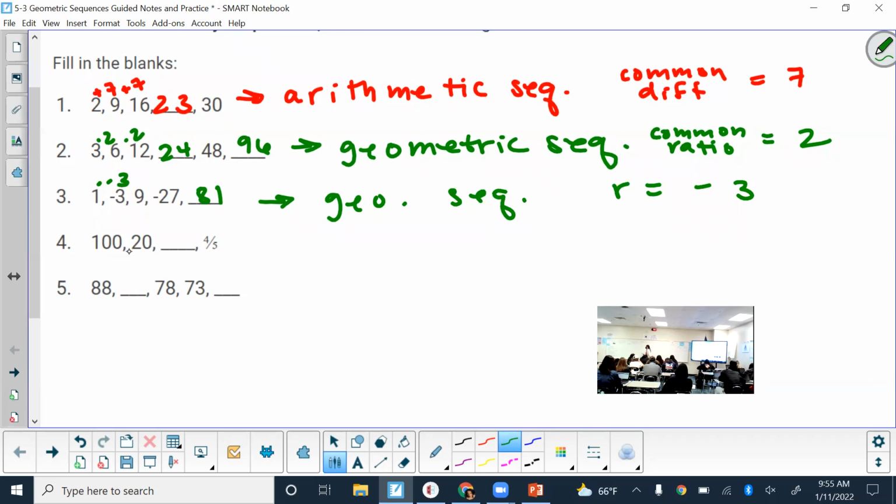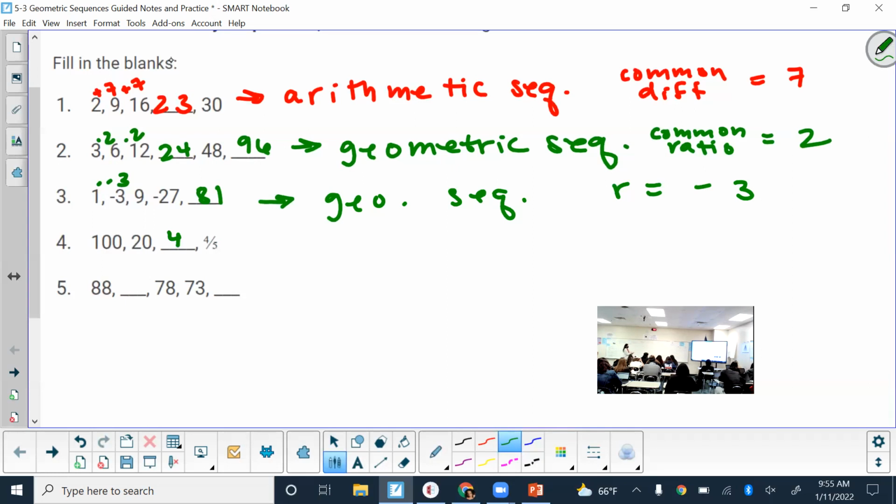What's 100 divided by 20? 5. So if I divide by 5 each time, see if that works. What's 20 divided by 5? 4. And then 4 divided by 5 is 4/5. So that makes sense.